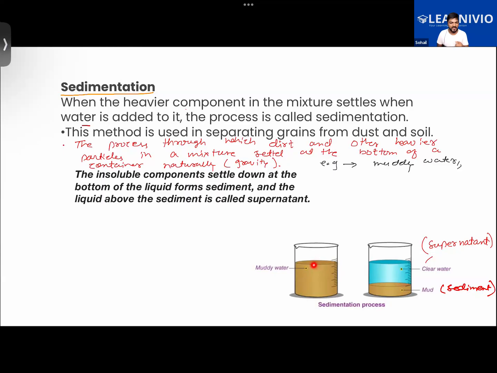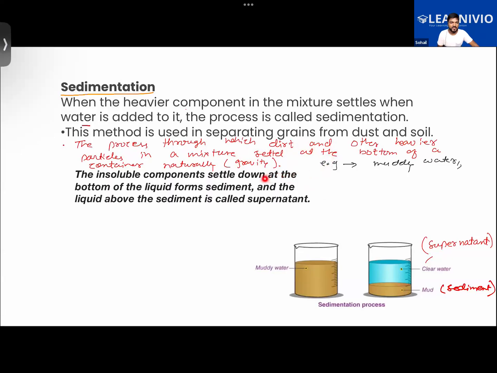Because of gravity, it settles down. Everything comes down towards the earth, as we know. Everything that goes up comes back to the earth, but it should be within the earth's gravitational force. That is the case. So this is used in separating, for example, grain from dust and soil.